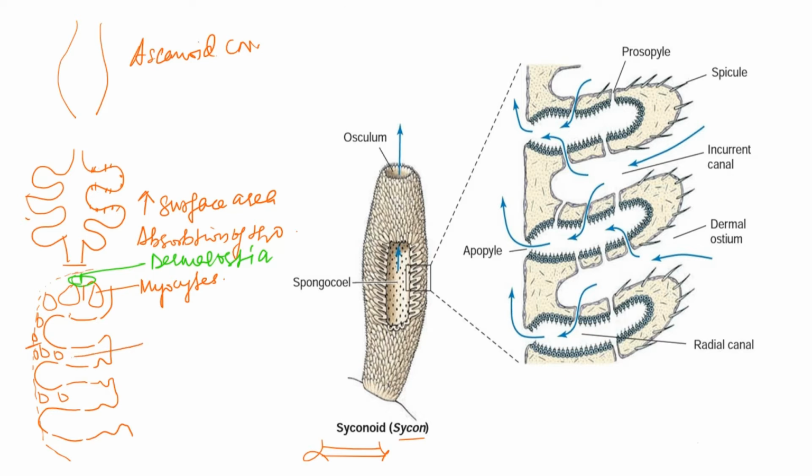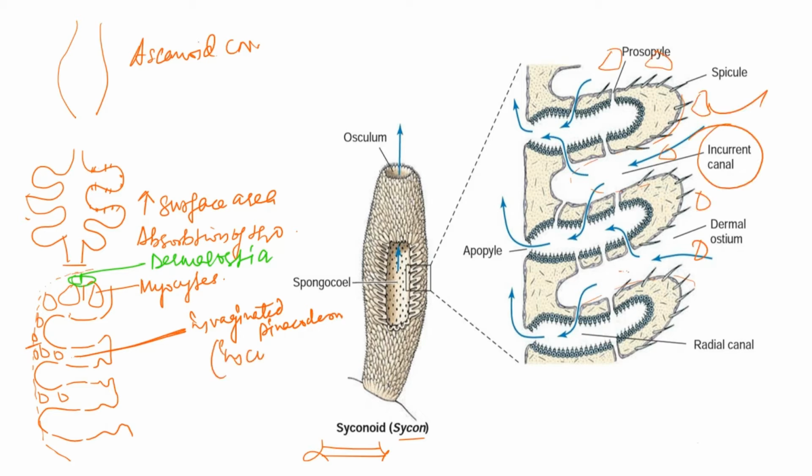So this invaginated fold of pinacoderm makes up the incurrent canal. After that, there are pores that lead you into the invaginated choanoderm. Now this one inside is invaginated choanoderm.